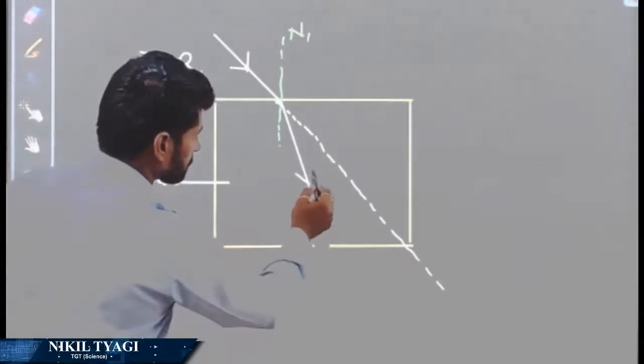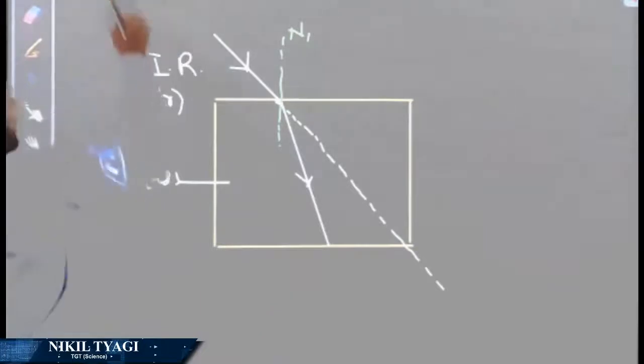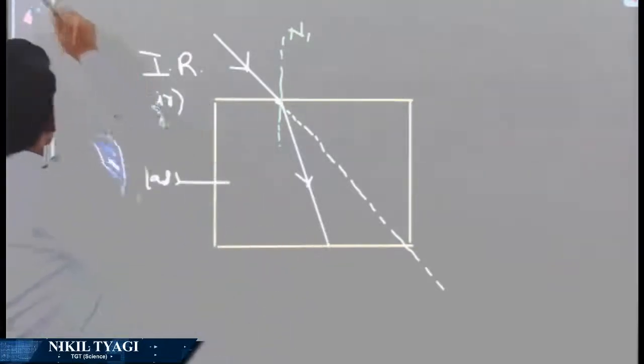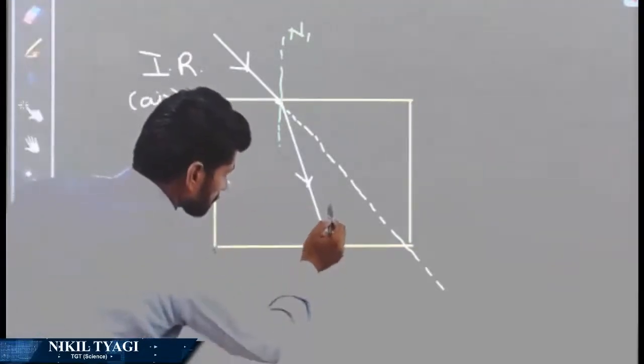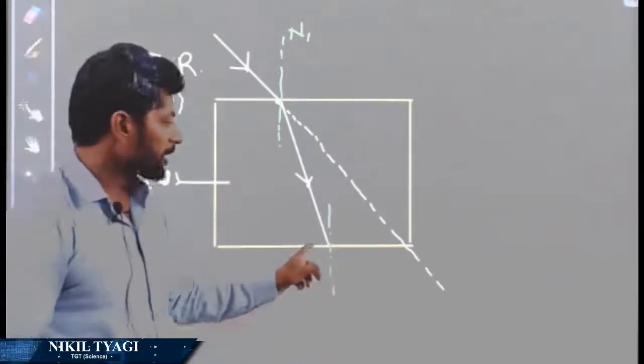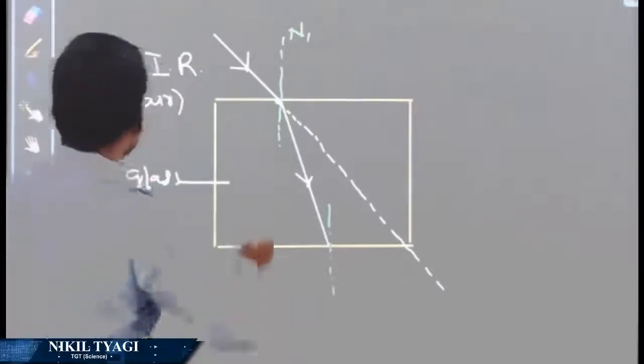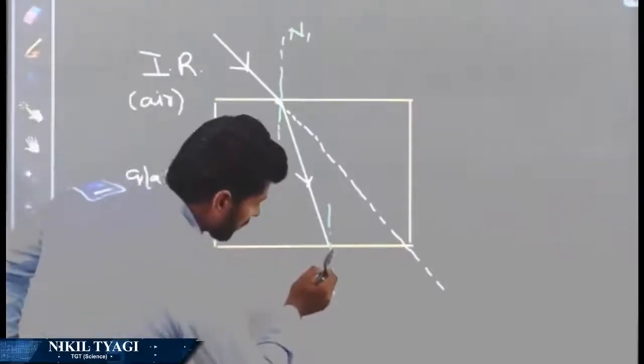Okay, fine. Now again the light ray will change the medium here, so we will take another normal from this point, the point of incidence here, and again the light ray will bend, but this time it is passing from glass to air, meaning denser to rarer medium, so it will bend away from the normal.